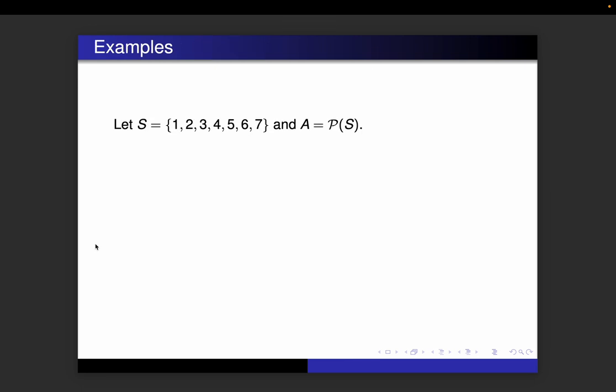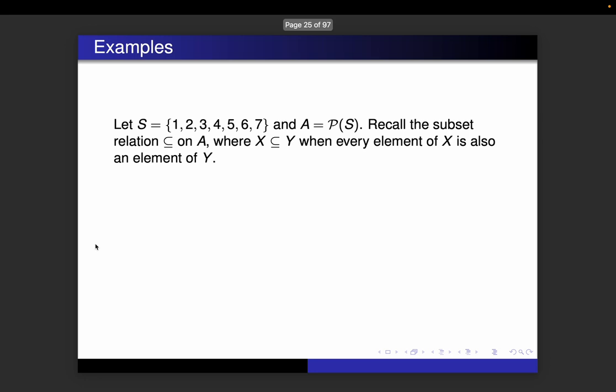So let's see if we can apply this to a partially ordered set that we're already familiar with. S is the set containing all the integers between 1 and 7, and A is the power set, so it contains all subsets of S. Again, the relation that we use on this one is the subset relation, where X being a subset of Y means that every element of X is also an element of Y. So let's see if we can think about what a maximum element of A would be.